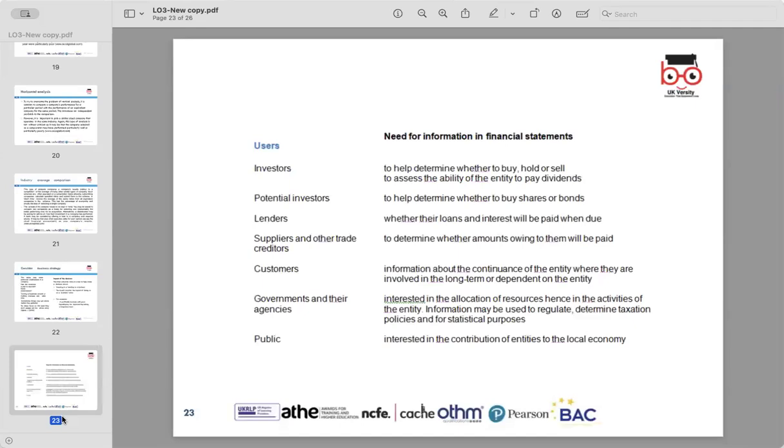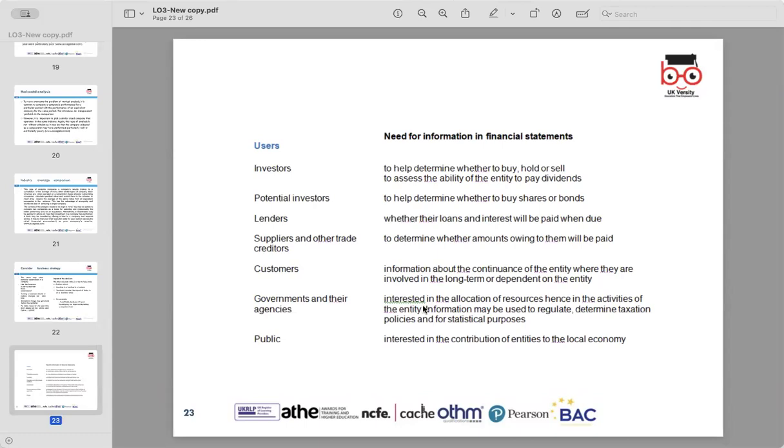Users' need for information in financial statements. Investors need it to help determine whether to buy, hold, or sell assets, and the ability of the entity to pay dividends. Potential investors need it to help determine whether to buy shares or bonds. Lenders need to know whether the loans and interest will be paid when due.